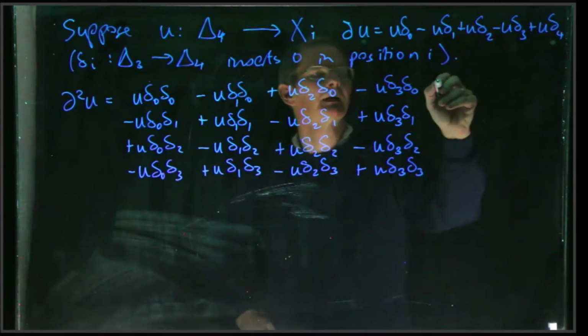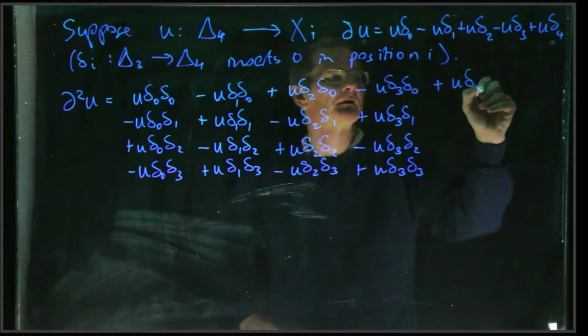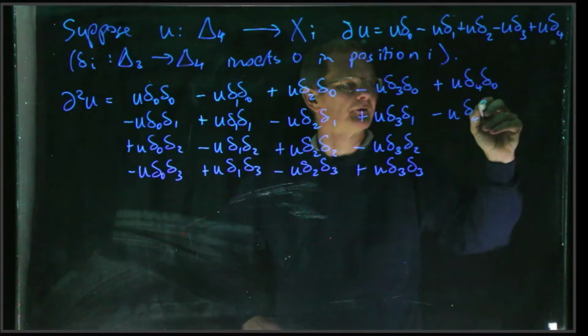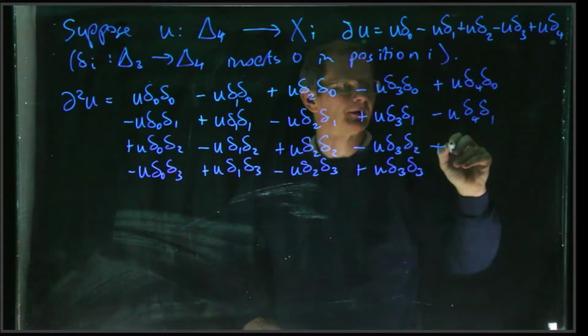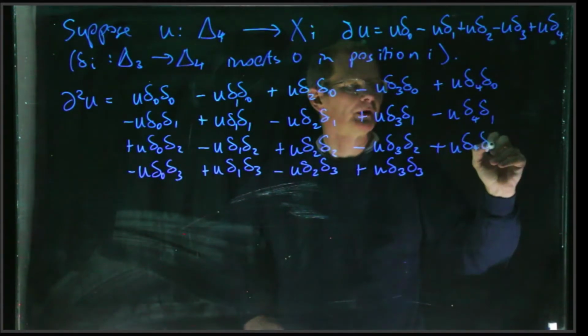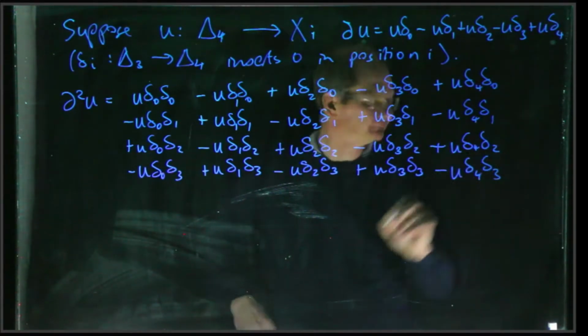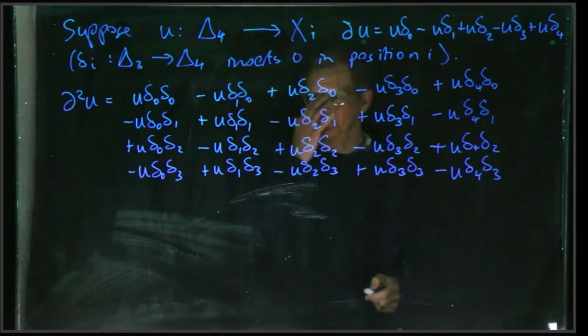The last term here we had a plus u delta_4, and then we need the boundary of that, so we compose with delta_0, and minus the thing where we compose with delta_1, plus the thing where we compose with delta_2, and minus the thing where we compose with delta_3.